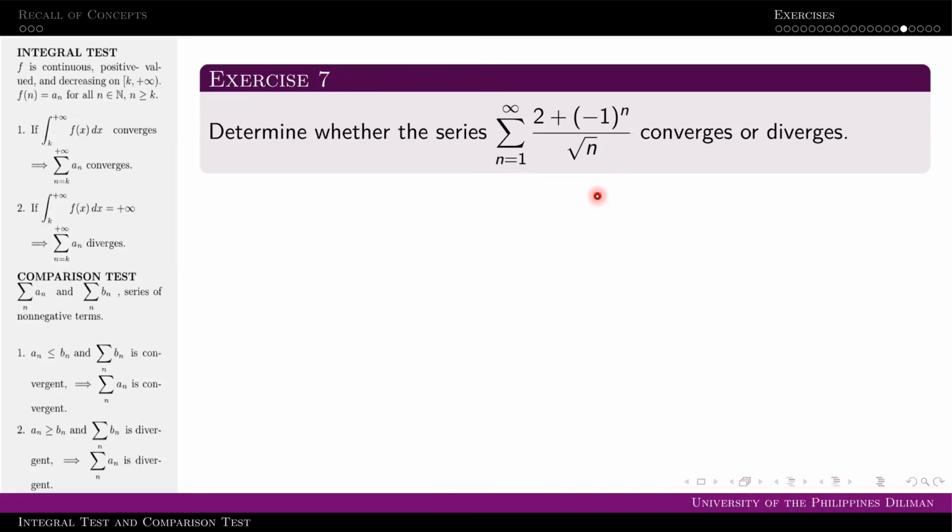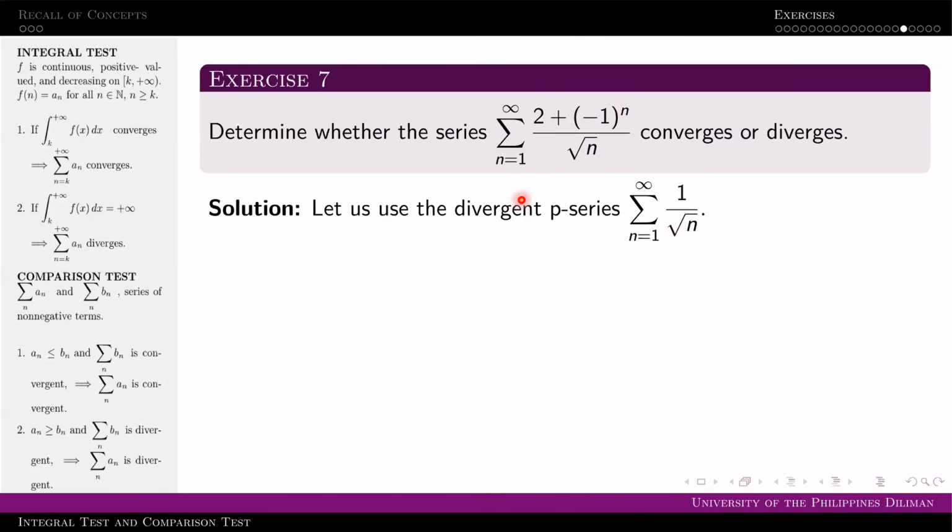And for that, let's look at the bounds ng mga functions involved. Yung taas, nagiging 1 or 3 depending sa parity ni n. That is, kapag even siya, nagiging 3. Pag odd siya, nagiging 1. So, parang mako-compare mo itong series natin na to 1 over square root of n. So, let's do that.